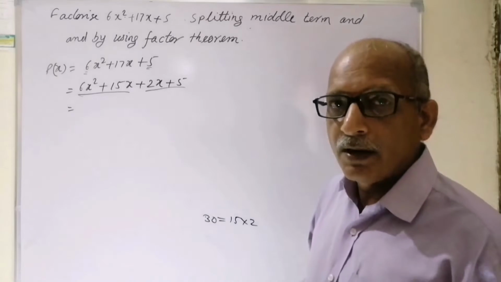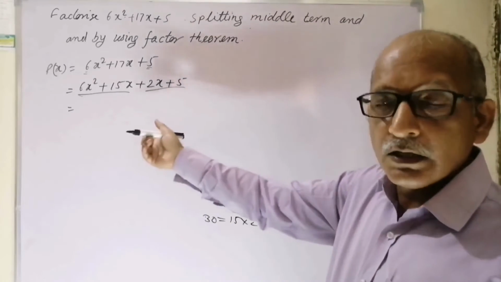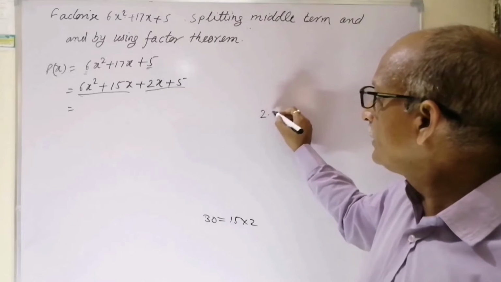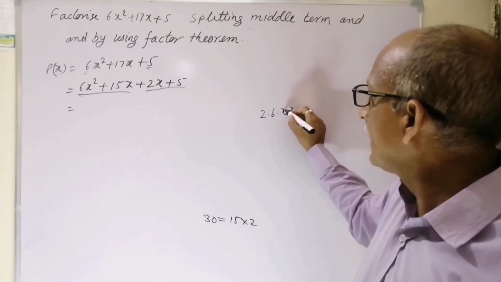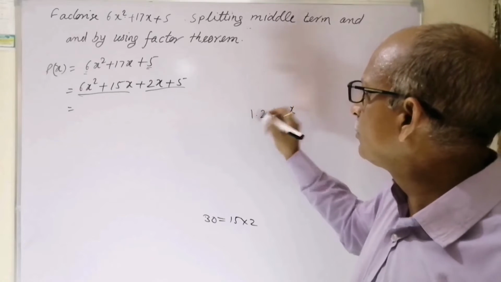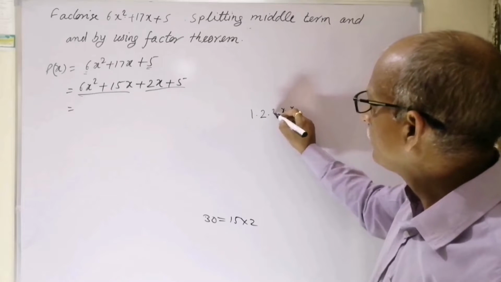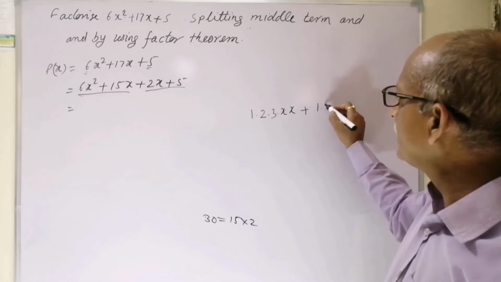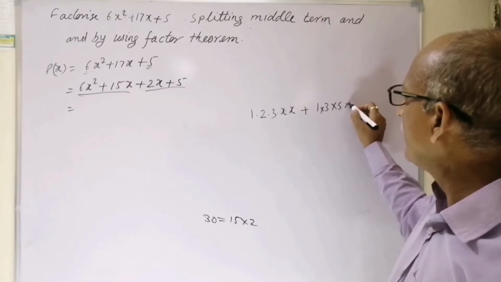So what can we take common? Common can be only HCF. In our way, 6x square can be written as 1 into 2 into 3 into x into x, plus 15 can be written as 1 into 3 into 5 into x.